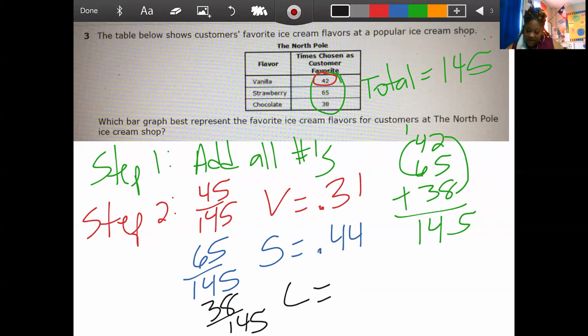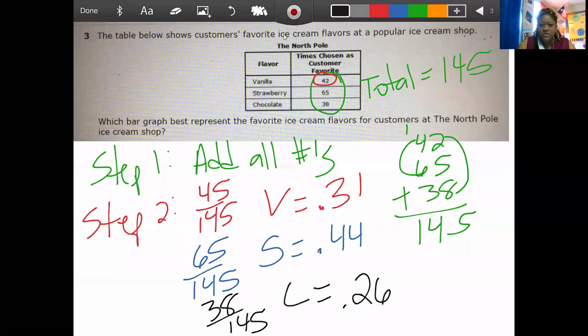And 38 divided by 145 is going to be 26 hundredths. All right. Okay, and so those are your decimals.